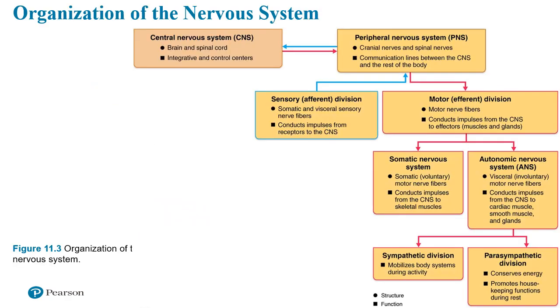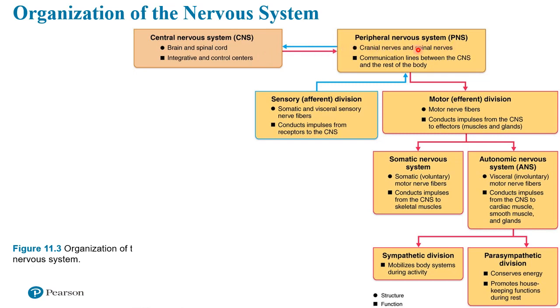So here is this overview organization of the nervous system, right? You start here, your CNS, remember, brain and spinal cord, that's it. And then you go here to your peripheral nervous system, right? Now you're going to have those nerves, they're going to come either from the brain or from the spinal cord, right? Coming from the CNS.